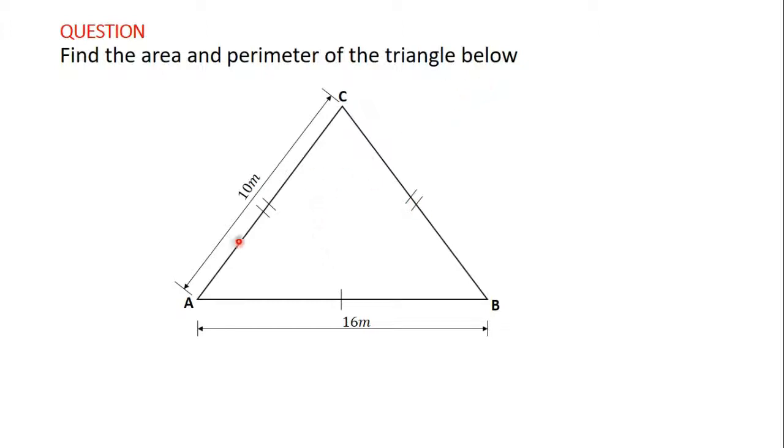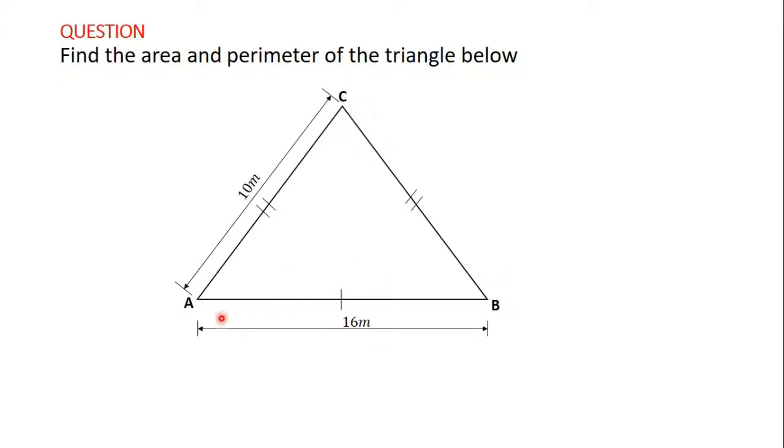We know that this is an isosceles triangle because the two lines on the line AC and the line BC show that the length AC is equal to the length BC. There is only one line on AB, meaning that the length of AB is different from that of AC and BC.